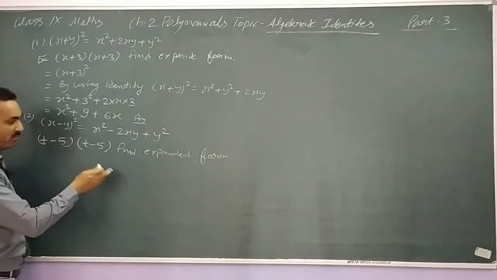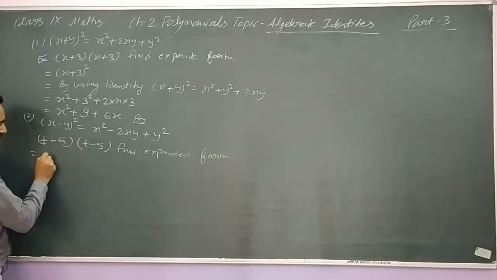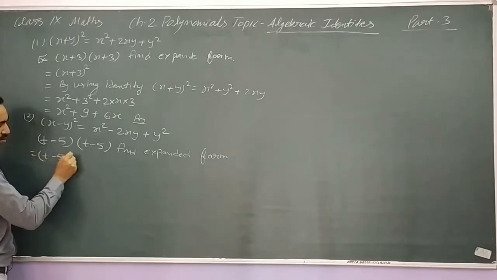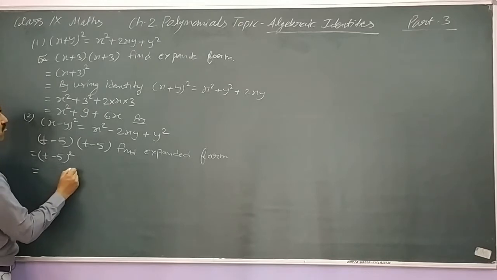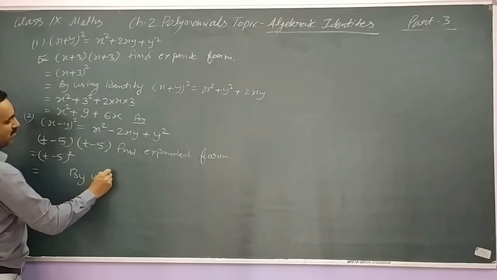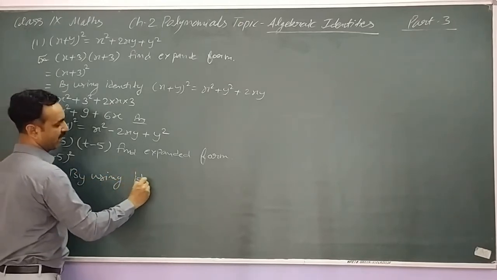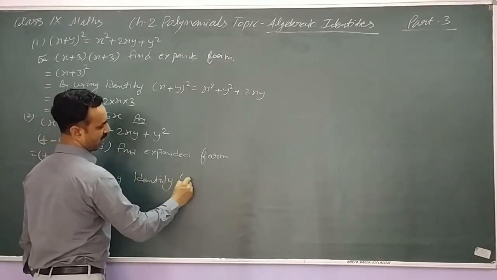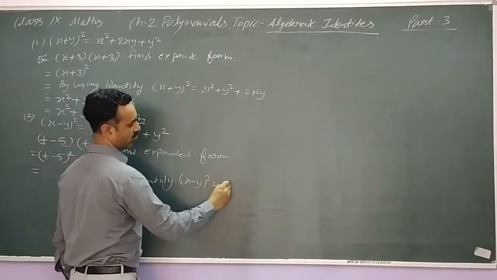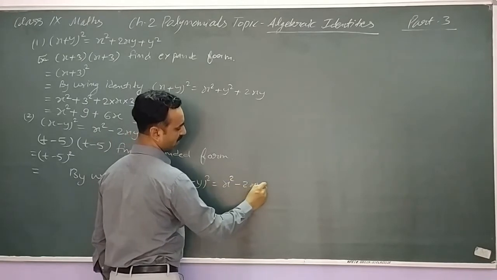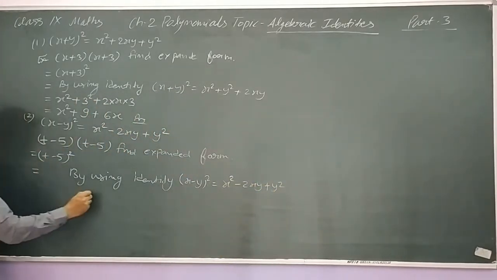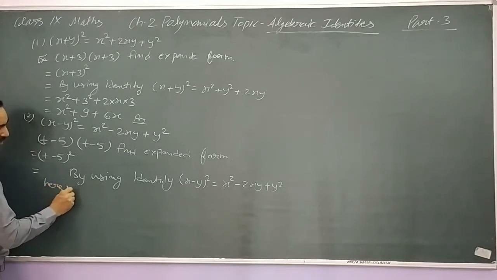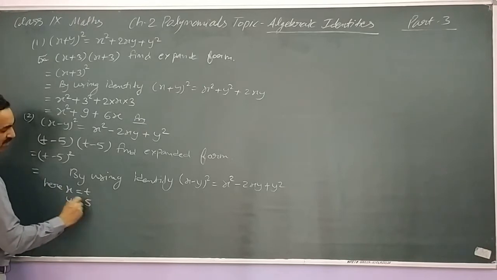To find the expanded form, we write this as (t minus 5) whole square. By using the identity (x minus y) whole square equals x square minus 2xy plus y square, what is x here? Here x is equal to t, and y is 5.